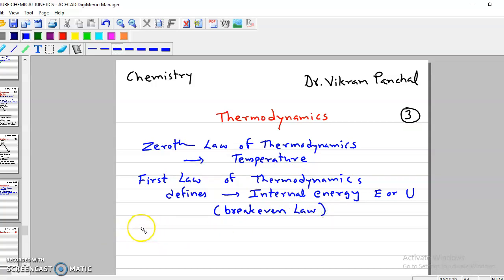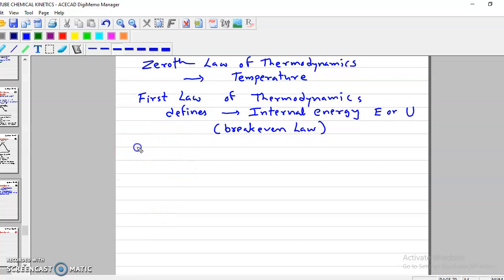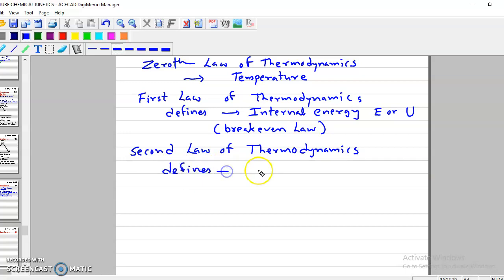Then the second law of thermodynamics. The second law of thermodynamics defines mainly the concept of time, and the possibility of reaction. Whether a reaction is possible or not, we can understand from the second law of thermodynamics.